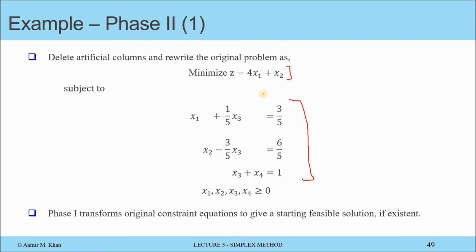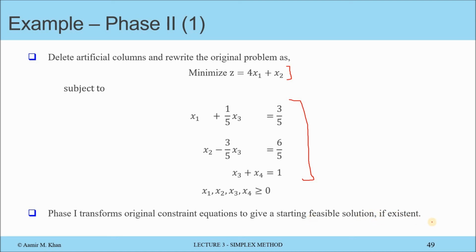Here we have totally changed it. Now we have 3 equations, represented in terms of the original variables plus the slack and surplus variables. Clear? This is the result of the first phase. The first phase transforms the original constraint equations to give a valid starting feasible solution, if it exists.